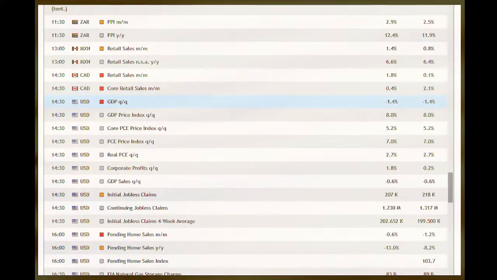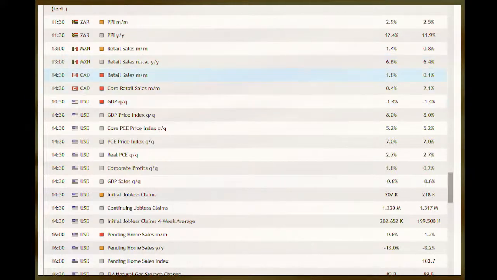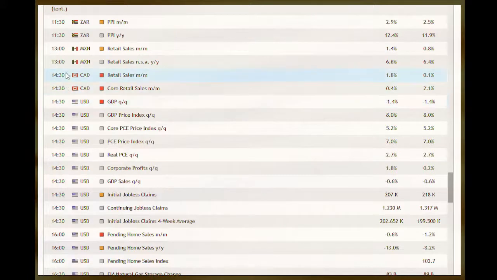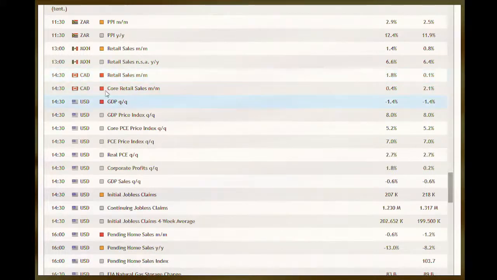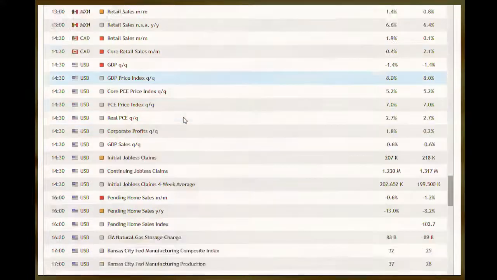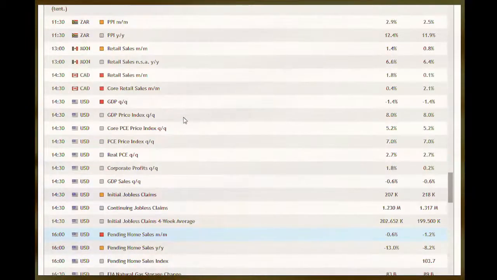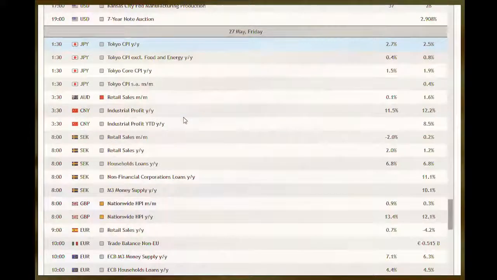As you can see, they're expecting changes on that event, so do keep an eye on it. If you're going to have positions on these currencies or currency pairs, make sure that you understand on Thursday at 2:30 there are these events. So Thursday, the CAD and the dollar, we have news events there.